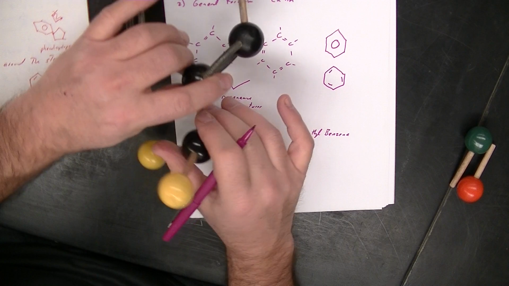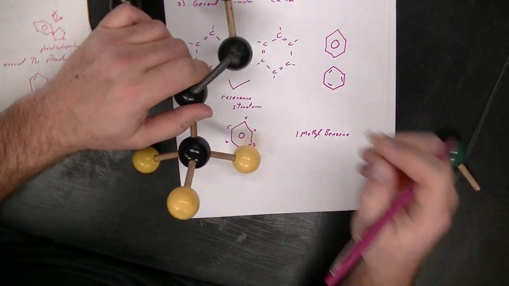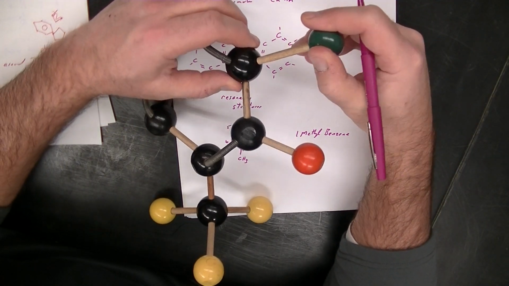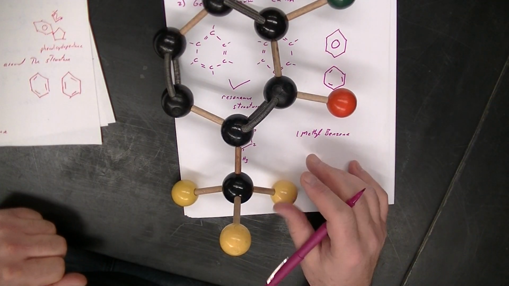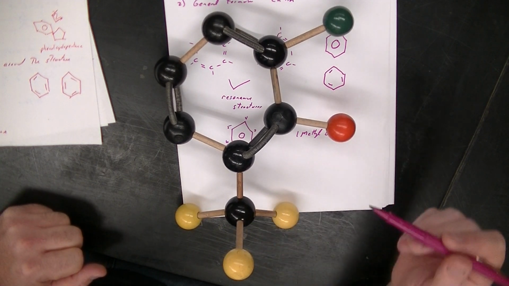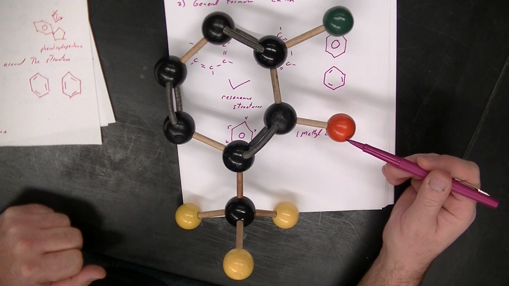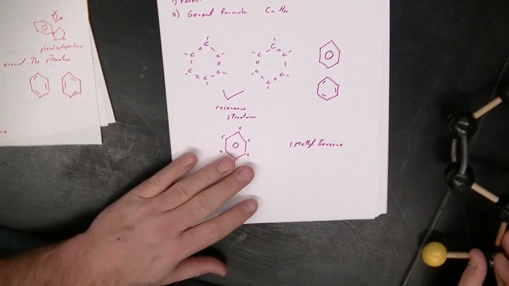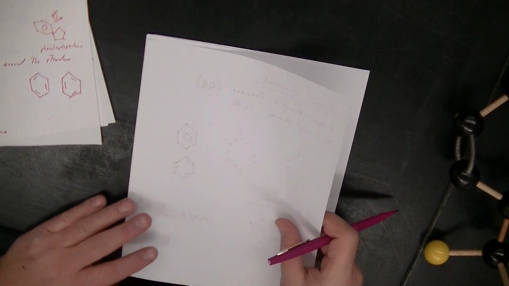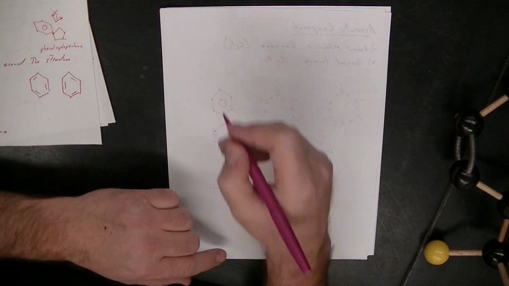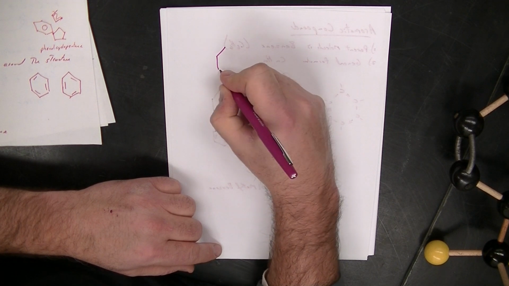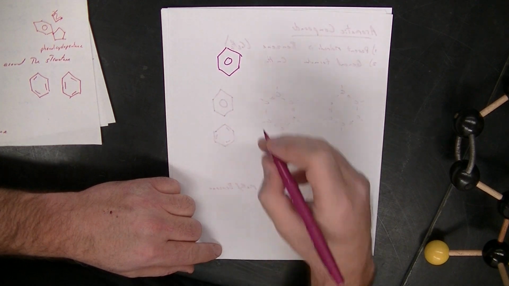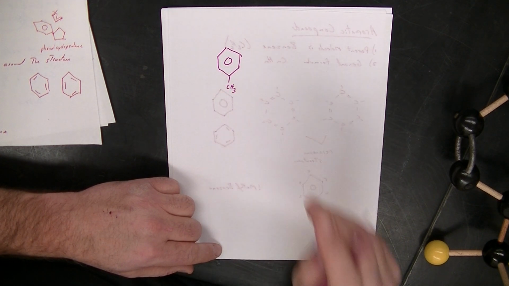What if we put more of these on? What if we have something like this, where we have a methyl group, a bromine, and a chlorine? How would we name this? Let's draw it. We've got our benzene ring, and we have a CH3 group coming down here.